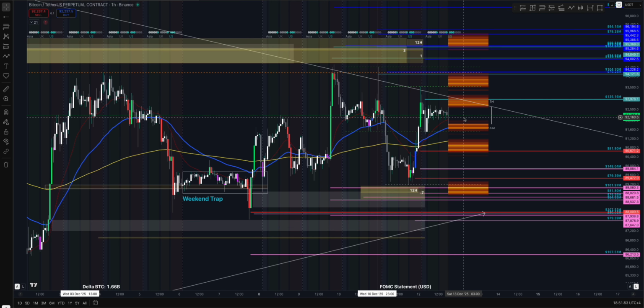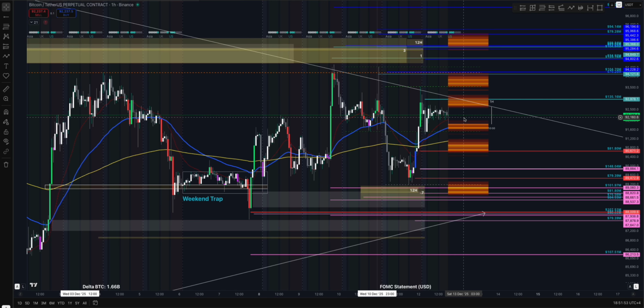And yeah, my main target, as I talked about already at the start of the video, is the 50-week EMA and the 50% FIB level. And I hope we come back here to the downside, to the heat maps and to the vector candles, so that I can add some to my long position from 84,000, and then ride the wave into the 50-week EMA and the 50% FIB.